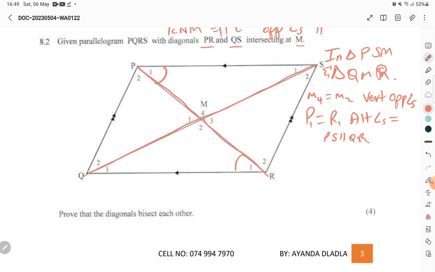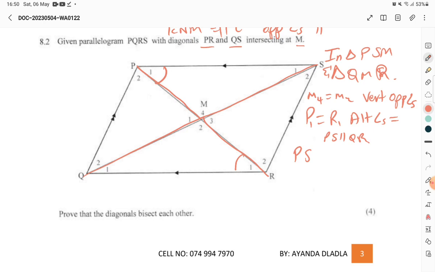Then we also talk about this side PS. We cannot use all three angles, because we don't have the condition for angle-angle-angle when proving congruency. You have to have angle, side. So we look for another side instead of the third angle, because even though the angles are equal, the triangles could just be similar if all corresponding angles are equal.